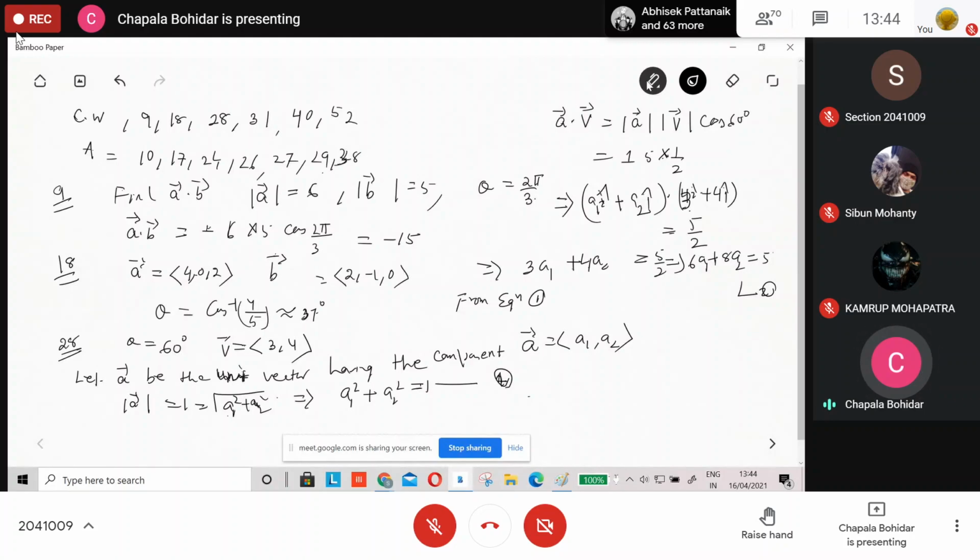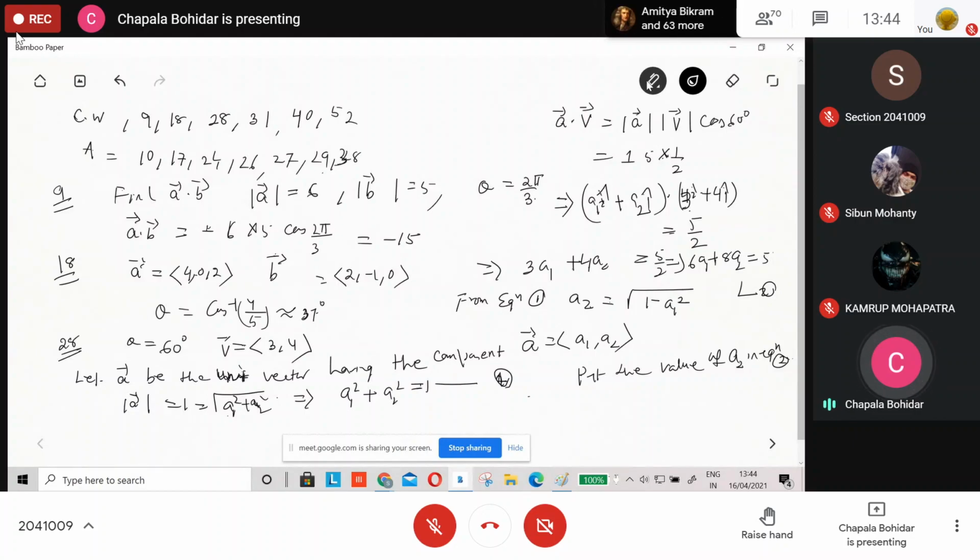Now from equation 1, the value of a2 is equal to root over of 1 minus a1 square. Put the value of a2 in equation 2. Clear?